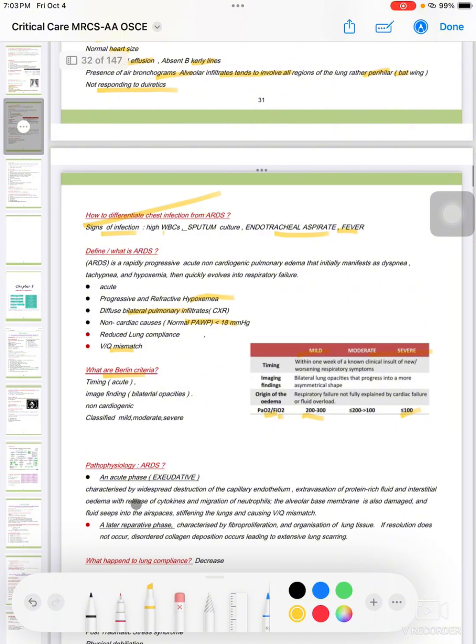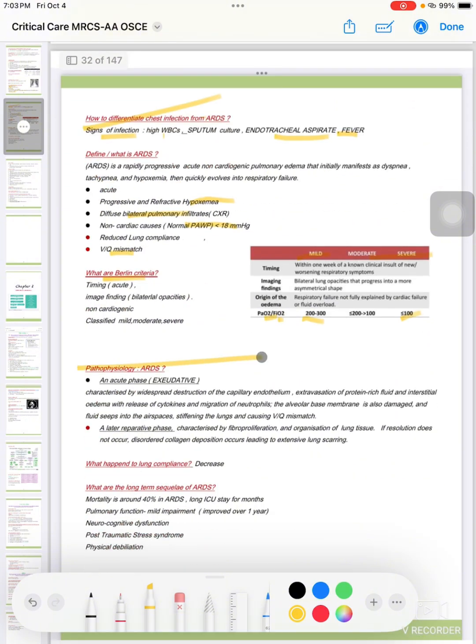Now the most important topic here is the pathophysiology of acute respiratory distress syndrome. It is divided into two phases, an acute phase and a later reparative phase. In the acute phase, destruction of the capillary endothelium occurs.